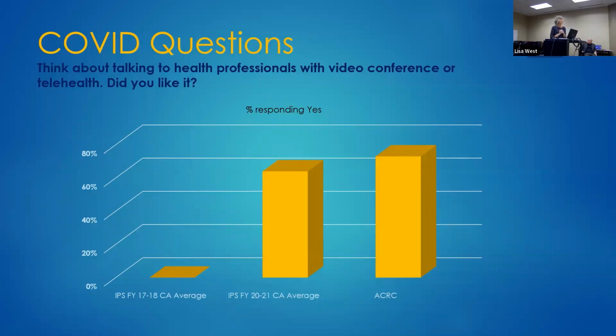Did you like it? This goes back to the technology, which could also tie back to the involvement in the community through advocacy groups and such. We had 73% responded yes. Statewide, 64% responded yes. I'm going to give a comparison to our neighbors on the next COVID question.